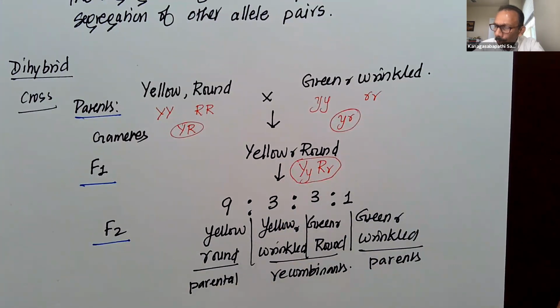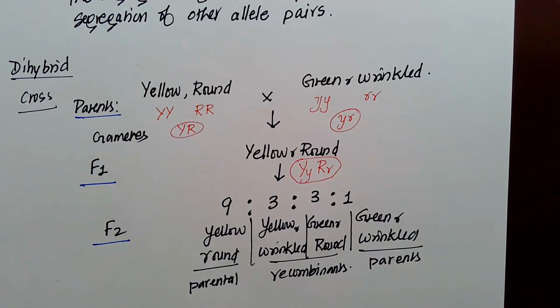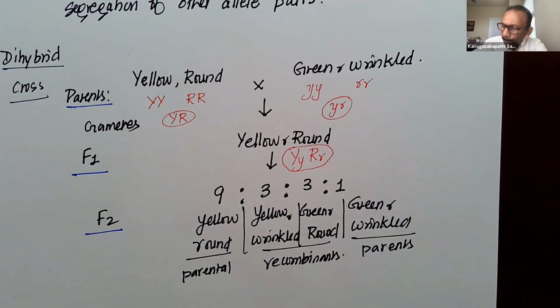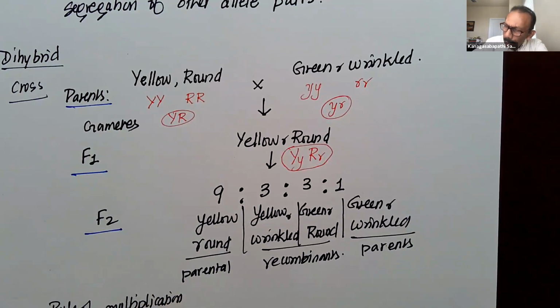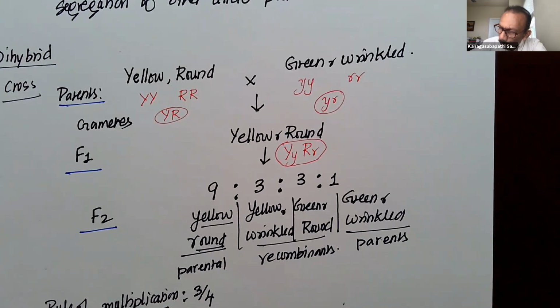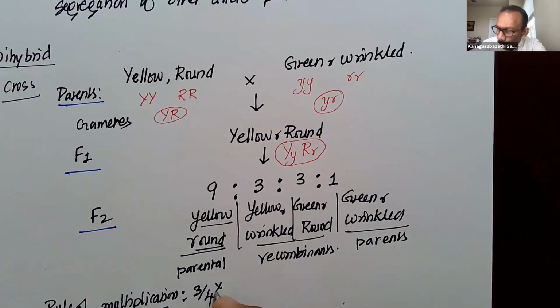So let's use a process called the rule of multiplication. In the case of yellow and round, the chance of getting yellow is 3 out of 4, and the chance of getting round is also 3 out of 4.